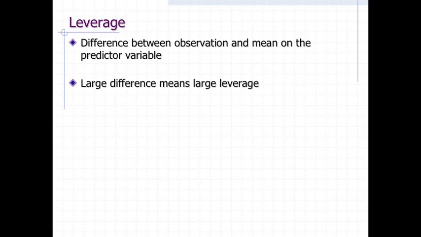For example, an observation with a value equal to the mean on the predictor variable has no influence on the slope of the regression line regardless of its value of the criterion. On the other hand, an observation that is extreme on the predictor variable has the potential to affect the slope greatly.